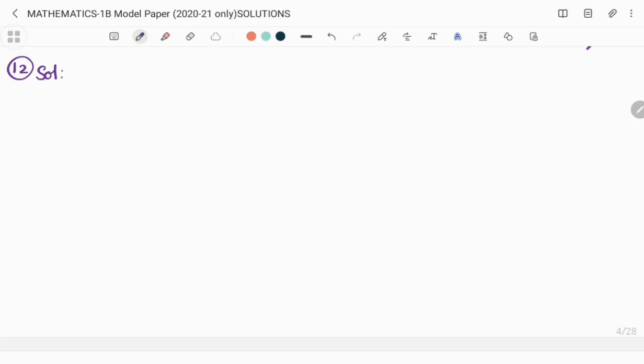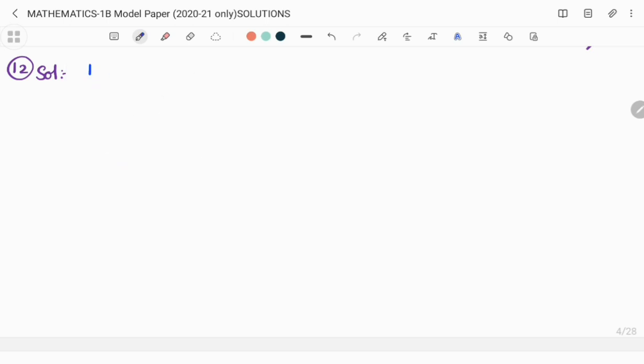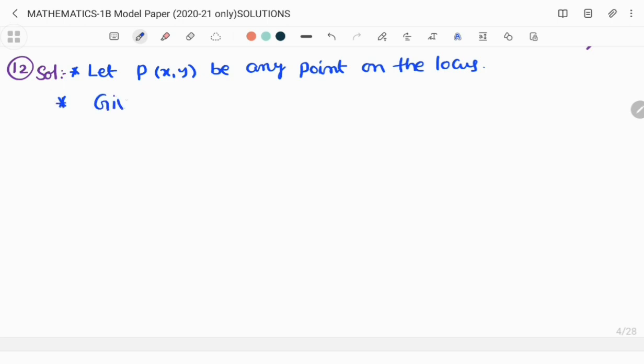Question number 12 solution. Let P of x comma y be any point on the locus. That is the first step. Next step, given points: A equal to 4 comma 0 and B equal to minus 4 comma 0.